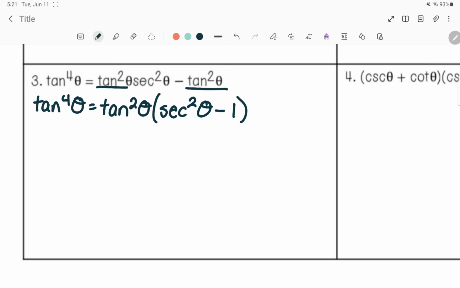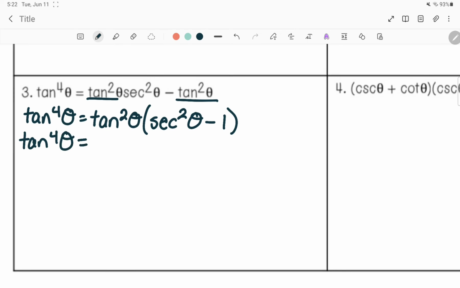So now, what I have, I'm going to keep my tangent squared to the 4th theta equals, and then I'm going to manipulate the right side of this a little bit. So using those Pythagorean identities, we have an identity that looks like this.